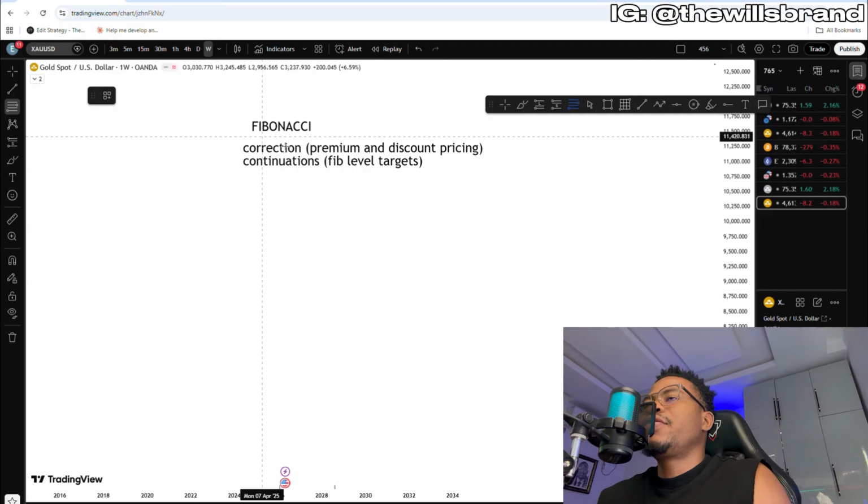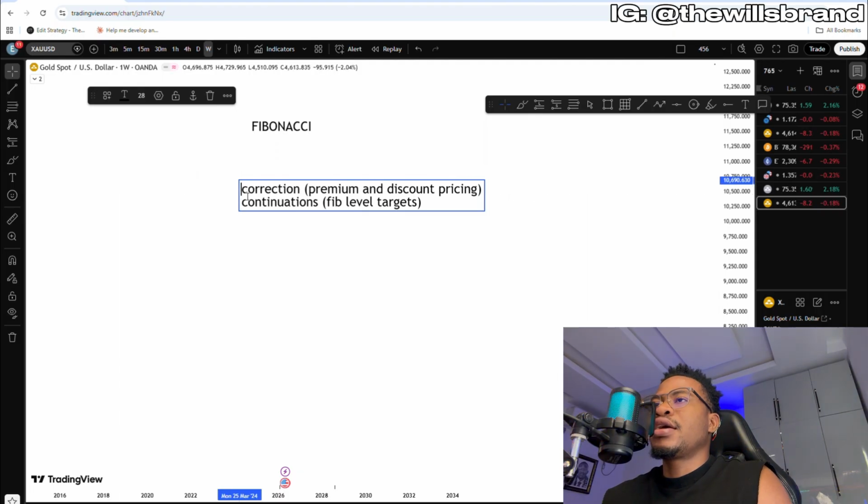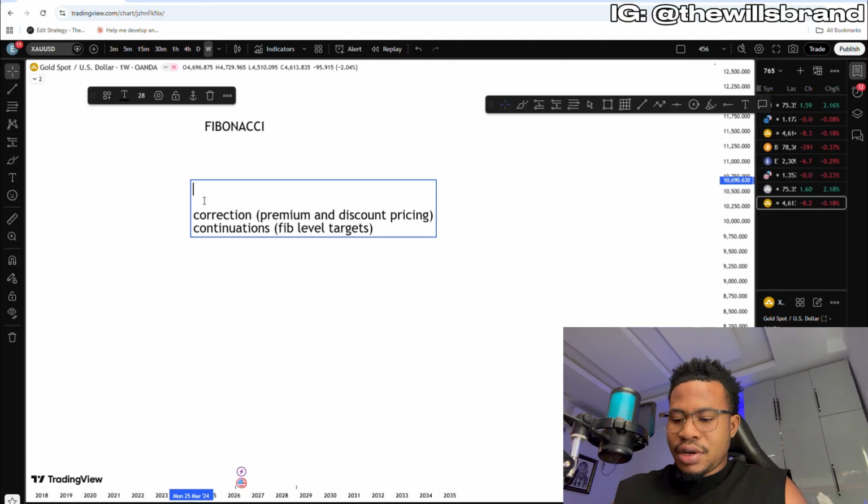Right now, under Fibonacci, we'll be talking about correction and continuations. Now for correction and continuation, I'm going to add impulse as well, because we mark it from the impulse. Let me just make it complete. Here we have impulse.